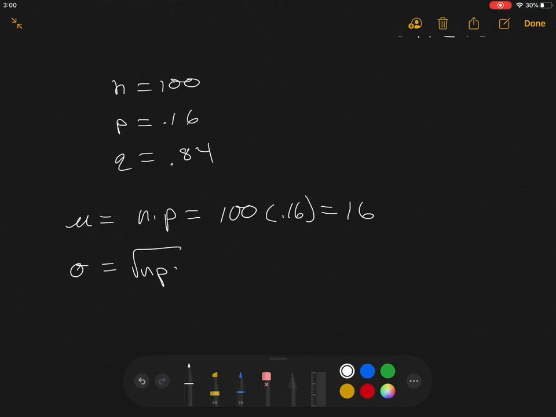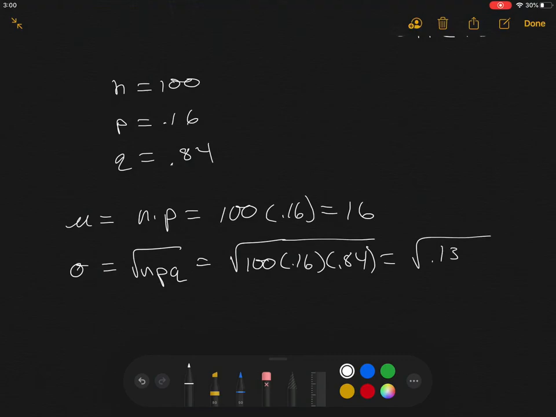Square root of npq would give us the square root of 100 times 0.16 times 0.84, like that. And when we multiply that out, 100 times 0.16 times 0.84 would be 13.44, and the square root of that would be approximately 3.666.